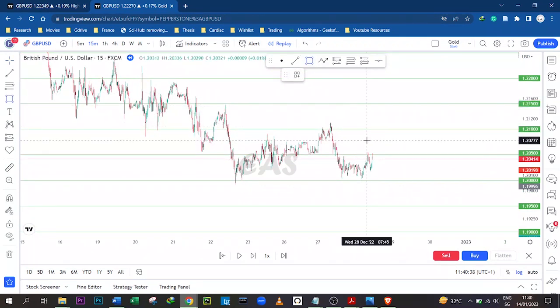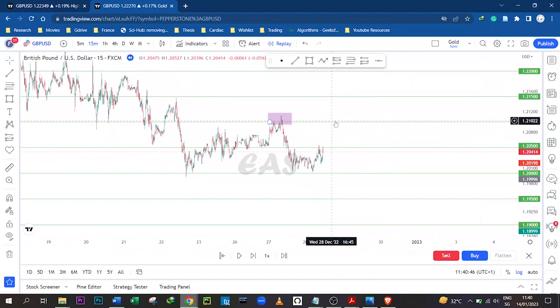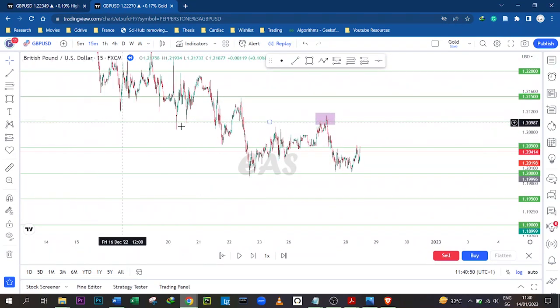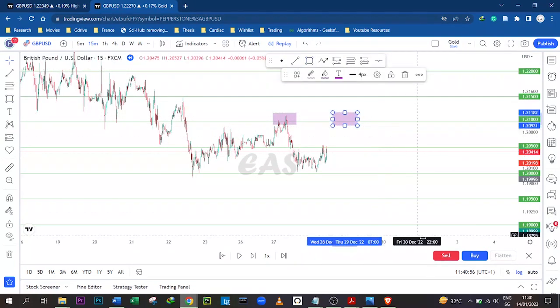Oh, price found resistance here. Okay, so there might be a reaction. There's a high probability there might be a reaction here, because on this same level it found support. So this is more or less a key level. Okay, price is going now. Will price have a reaction around this zone? Let's see.